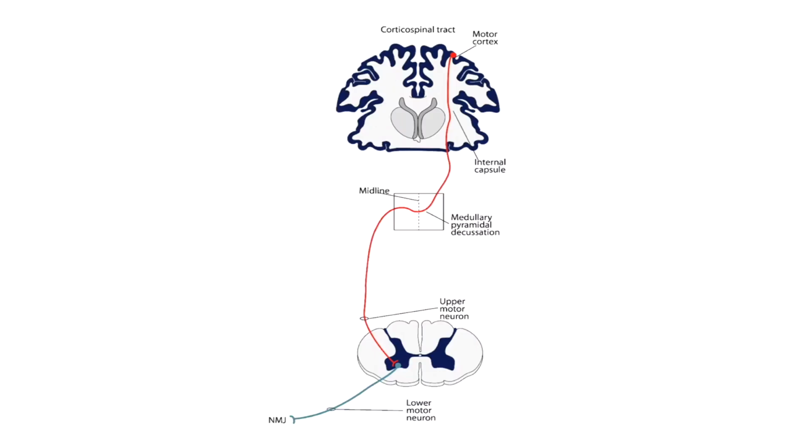This is figure 8.15 from your text, and up here is the cerebral cortex, specifically the primary motor cortex of the frontal lobe. The neuron originates here and then descends through the internal capsule, then reaches the medulla, and then decussates at the medullary pyramids, as labeled here, the medullary pyramidal decussation. The tract then continues within the white matter until it reaches the appropriate level.